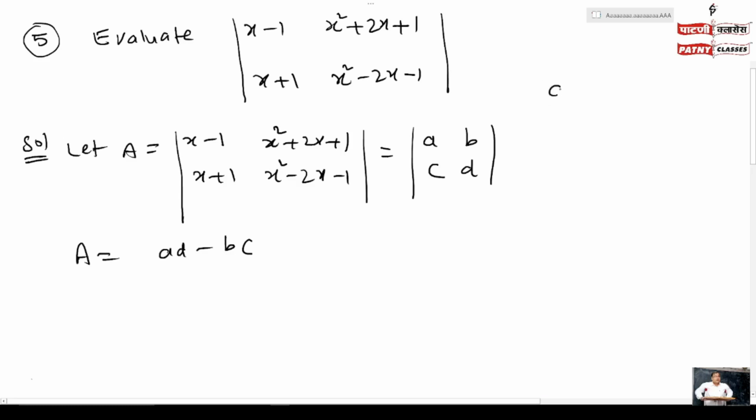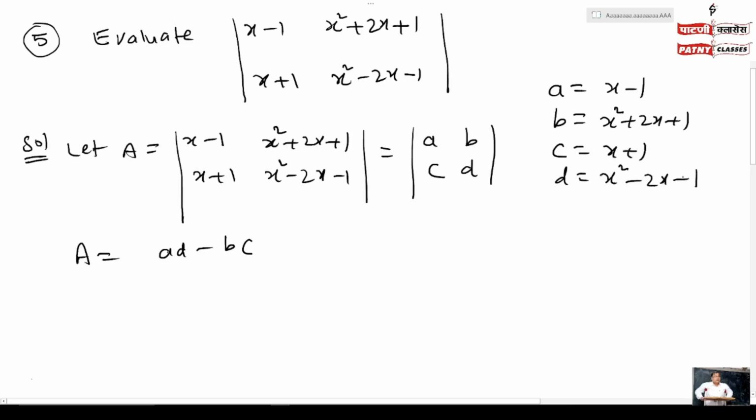What are a, b, c, d? a equals x minus 1, b equals x square plus 2x plus 1, c equals x plus 1, and d equals x square minus 2x minus 1.